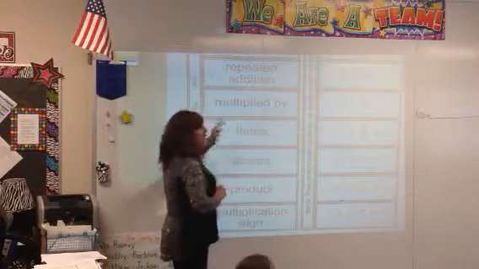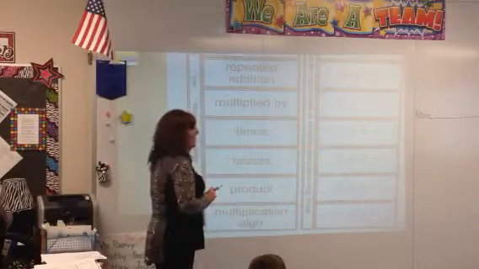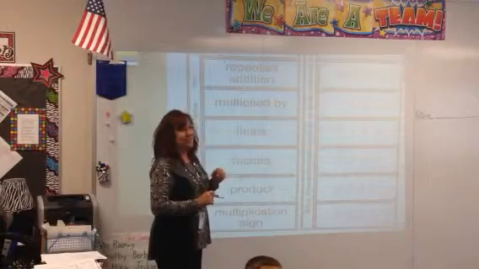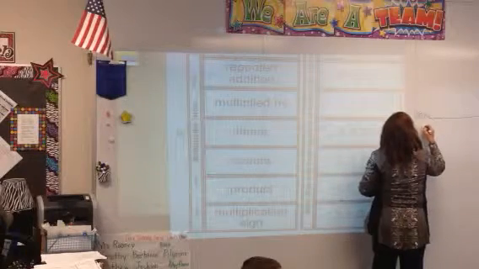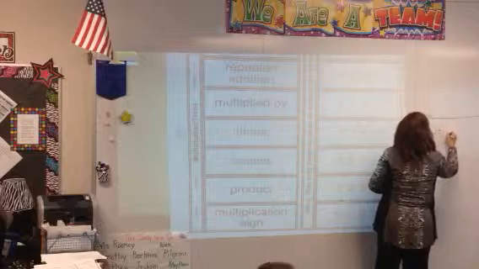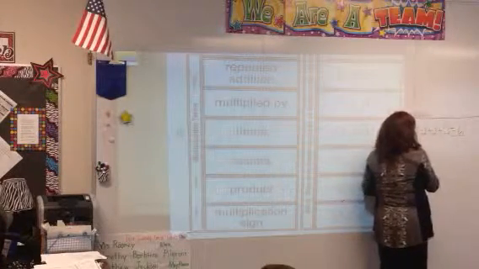Very good. We're going to go over just a little bit of the vocabulary, and then we're going to do some exercises that will be really fun using our egg cartons, okay? All right. Repeated addition. You guys remember this from 2nd grade. That is when you have 2 plus 2 plus 2 equals what? 6. That's the sum of those numbers.